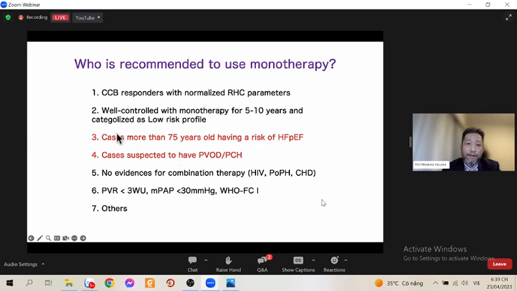But in this list, cases over 75 years old with a risk of HFpEF, and cases suspected to have PVOD, are also included. These characteristics match those of SSc-PAH, suggesting that we have to be careful about screening patients with scleroderma PAH, and whether they might have ILD or cardiac involvement. We need this screening.